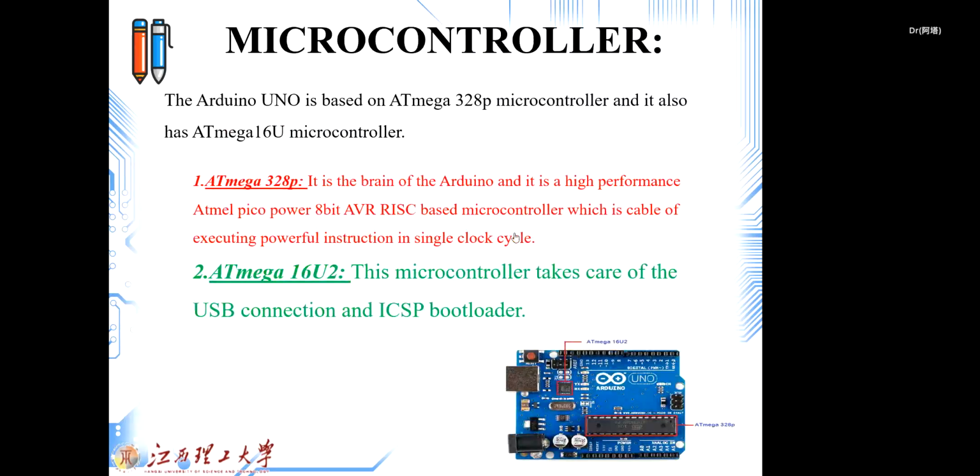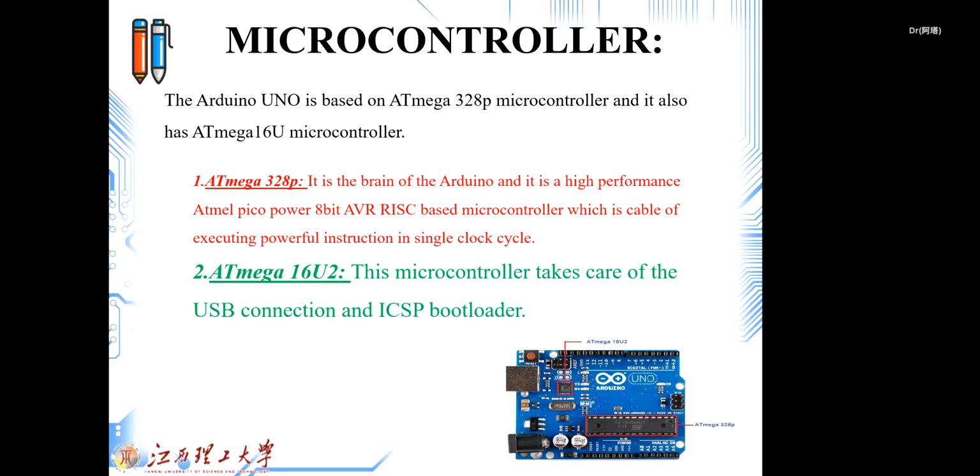Let us review something about this microcontroller because mainly what this Uno was built on before that was based on Atmega 16U. Then what is the difference between this microcontroller and the recent one that they put, I mean 328P microcontroller is something that I mentioned in this slide.